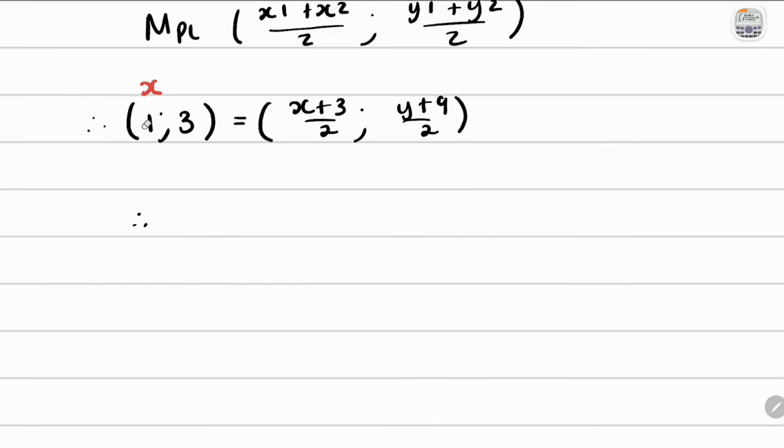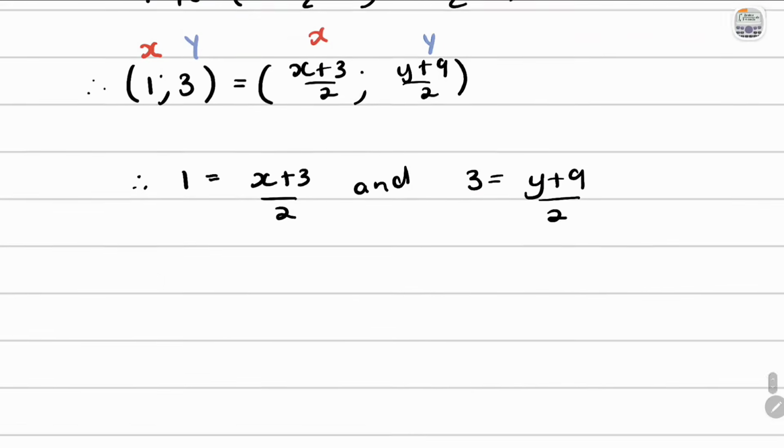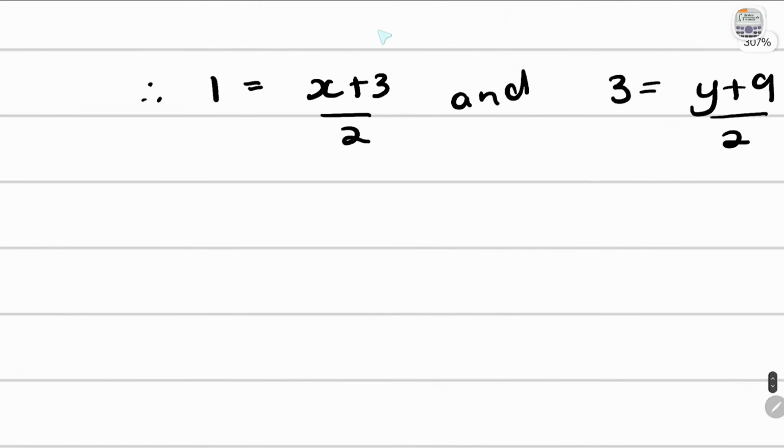This is an x value. Because they're equal, the x values are exactly the same. So you're saying that 1 is equal to x plus 3 over 2. And again, because they're exactly the same, the y values should also be the same. So 3 should be equal to y plus 9 over 2. Here you can just go ahead and multiply both sides by 2.